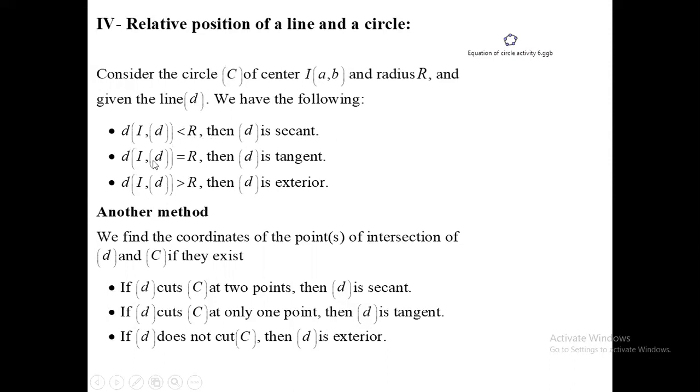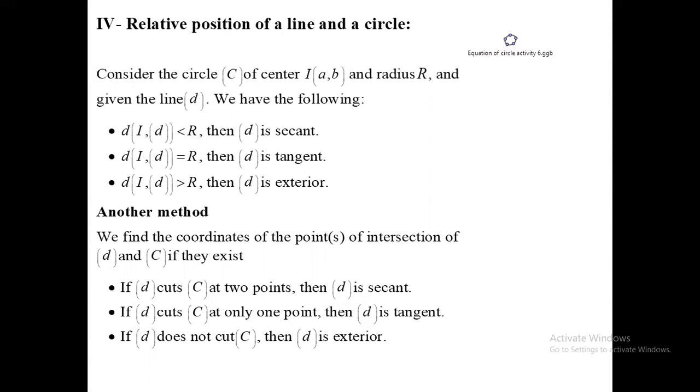If the distance from I to D is exactly r, then the line D is tangent to the circle, and you have only 1 point of intersection. Also, if the distance between I and the line D is larger than r, then the line D is exterior.